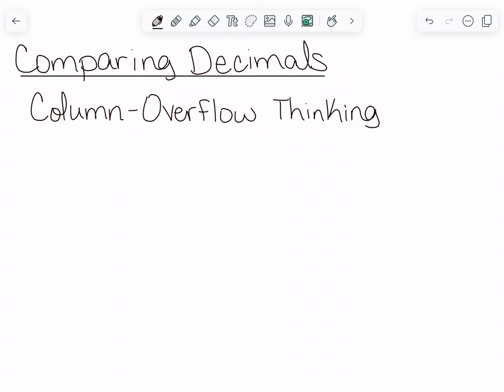Another common way to think about comparing decimals is what's called column overflow thinking. In this case, students name decimals incorrectly by focusing on the first non-zero digit to the right of the decimal point. For this, students would say this is 2 and 34 tenths, which is incorrect. But because they're thinking that way, they're going to compare the tenths.